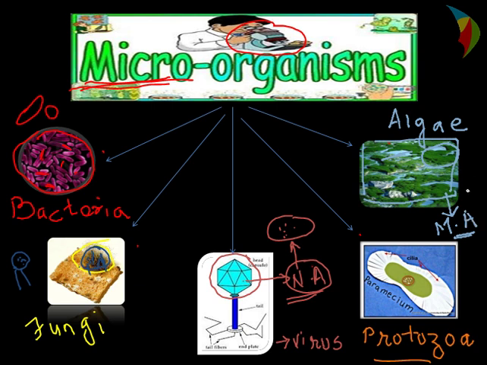So first we have seen bacteria, second fungi, third virus, fourth protozoa, and fifth algae. These are the main 5 types of microorganisms.